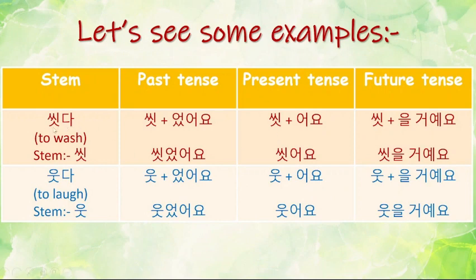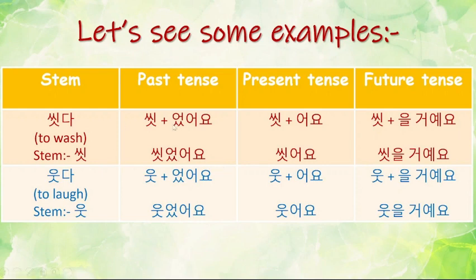Okay, first one is the verb shitta, which means to wash. Here the stem ends in sheer, but still it follows the regular conjugation rule. Okay, so if you conjugate this verb in the past tense, it will be shisosoyo, right? sheer eliminate नहीं होगा.